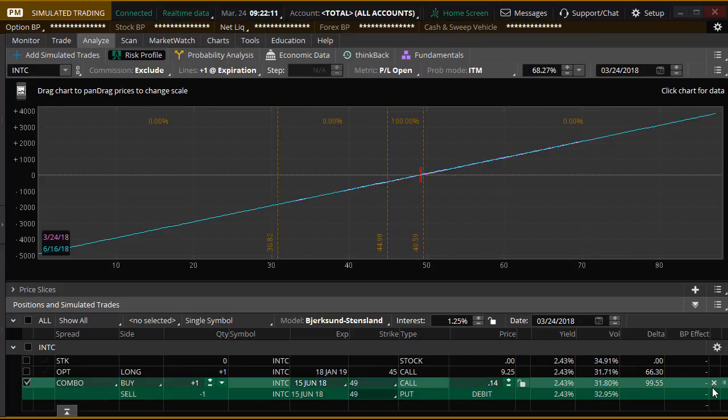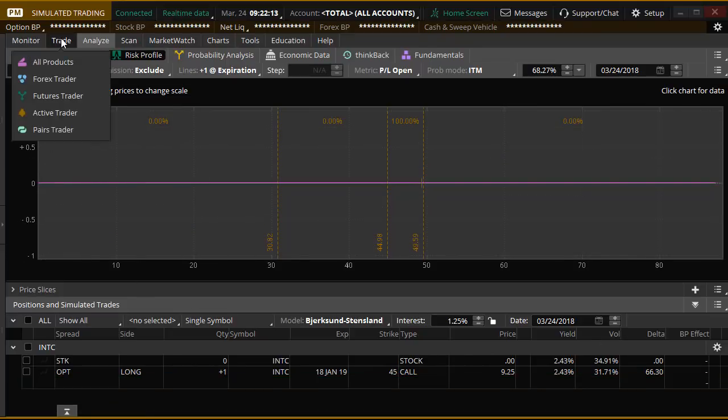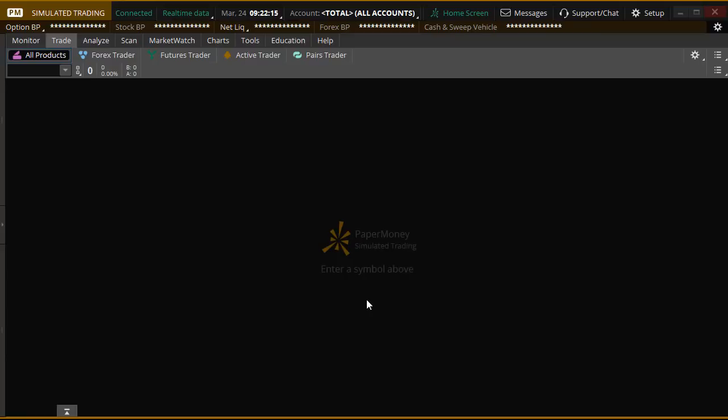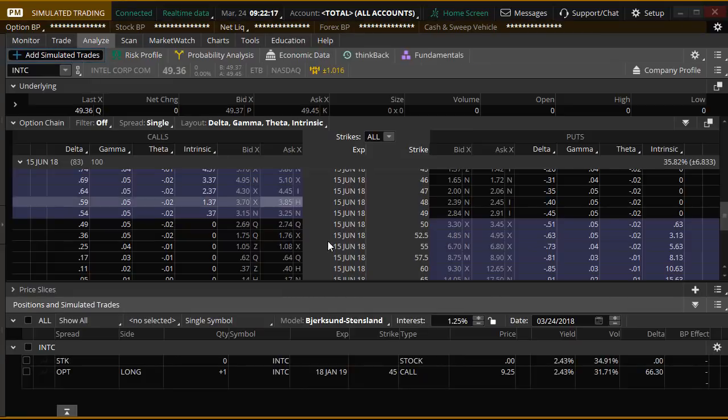Now we can do the same thing with a short trade. We're going to do this in just the opposite way. When we were trying to mimic the stock trade long, we bought the long call and sold the short put. We want to mimic a short trade.